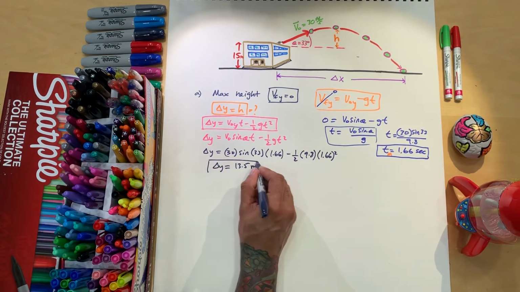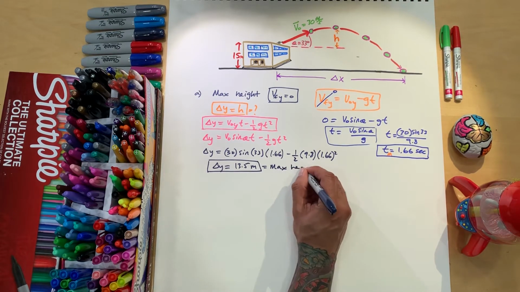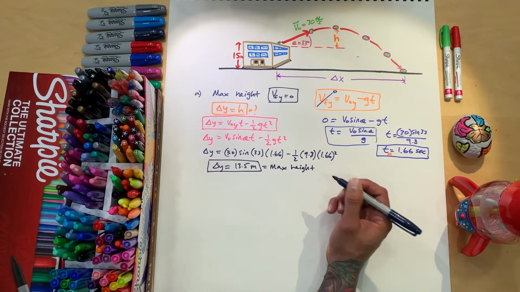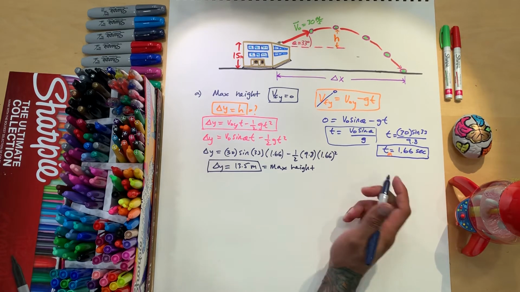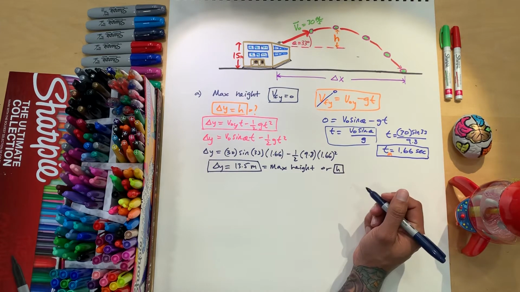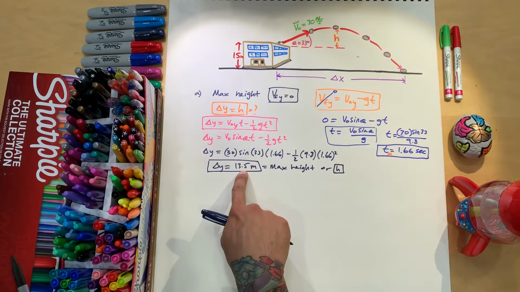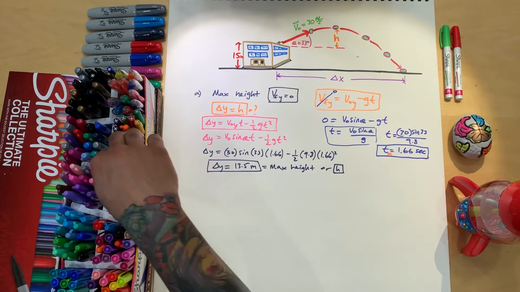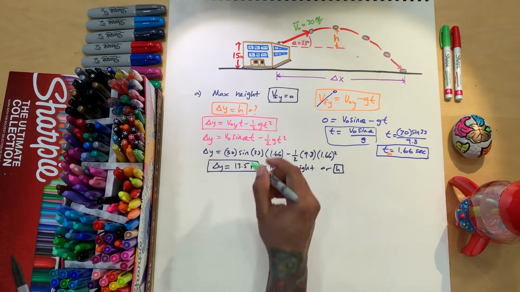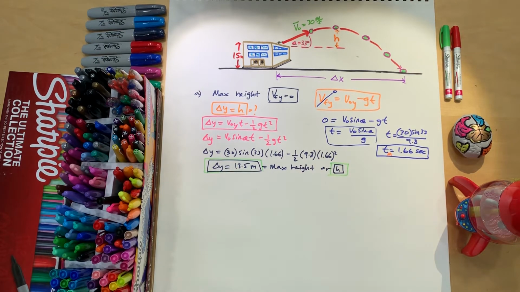So this is also the max height above the roof, the max height, or H, above the roof. This is what we just calculated here, 13.5 meters. Let's make it feel important. Okay, perfect.